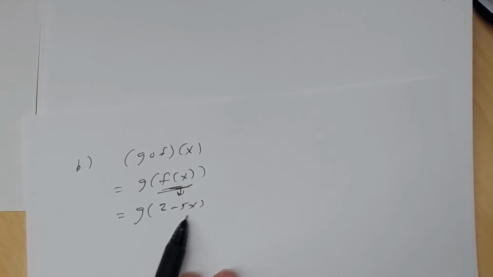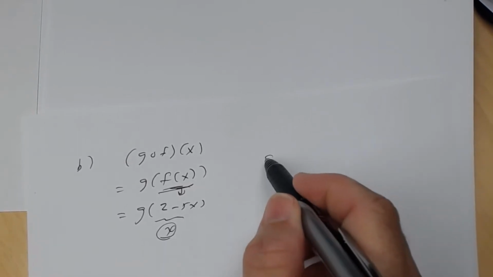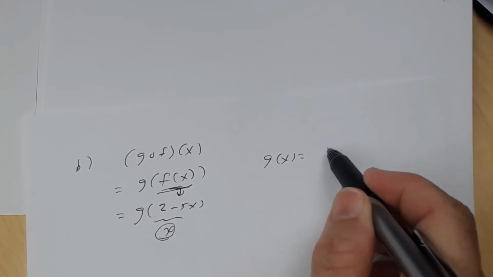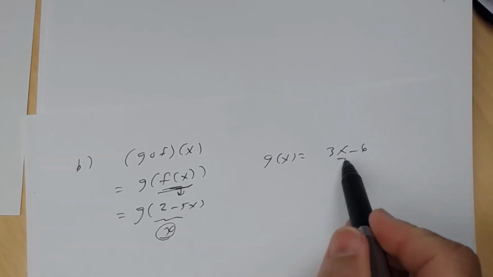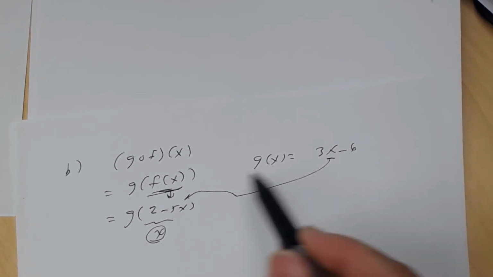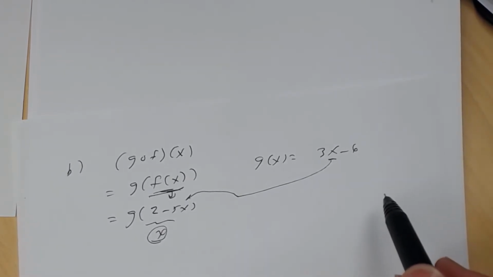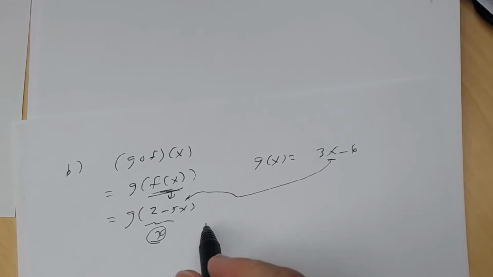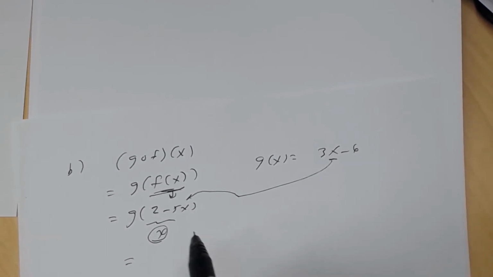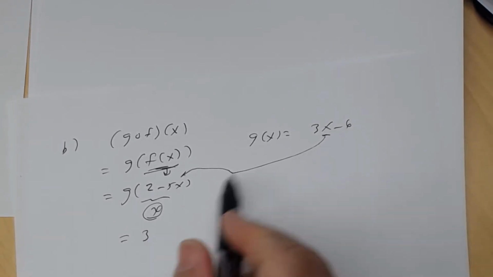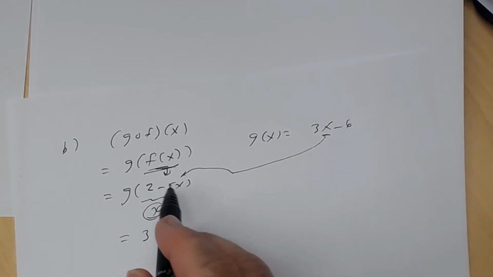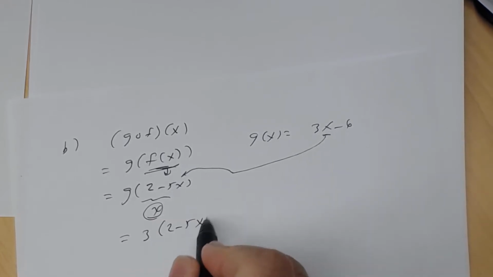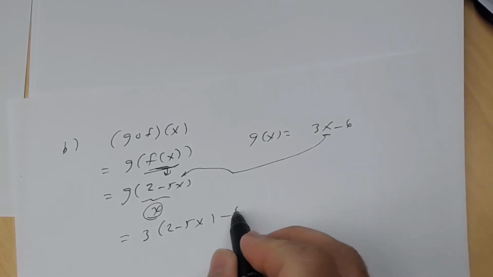So now I go to my function g, where g of x was 3x minus 6, and wherever we see the variable x, I'm going to substitute 2 minus 5x. So this would become 3 times 2 minus 5x, and then don't forget the minus 6.